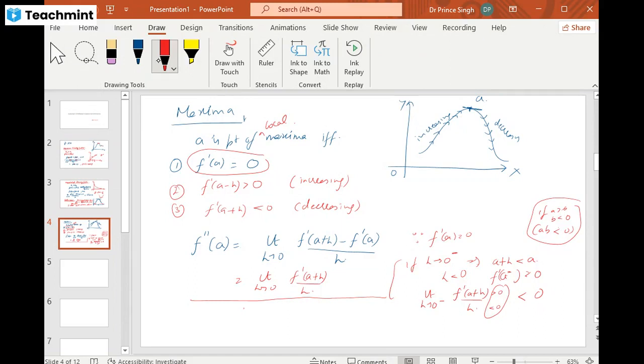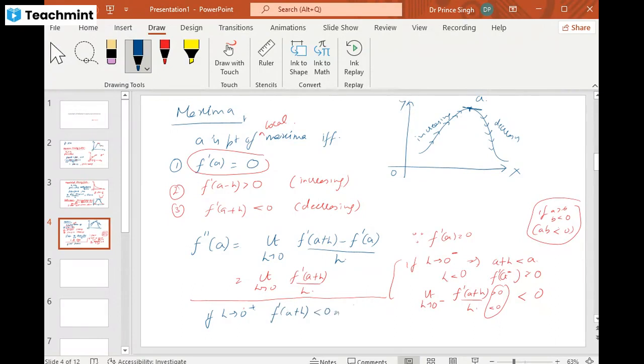Now this is the case if we are considering the left neighborhood of the point. What will happen if we consider the right neighborhood of the point? That means h tends to 0 from positive. Then what about f dash a plus h? Because h is positive, f dash a plus h is already known to be less than 0.